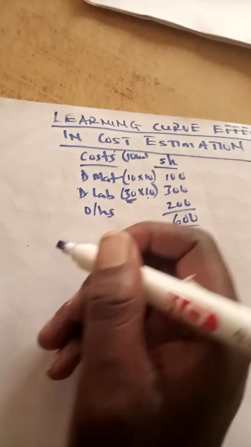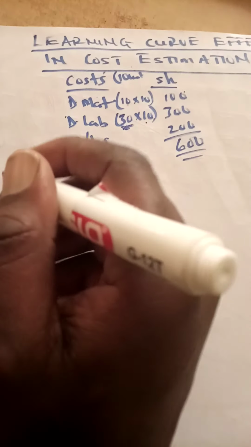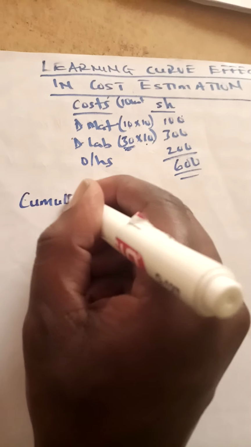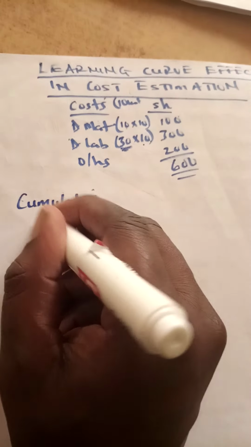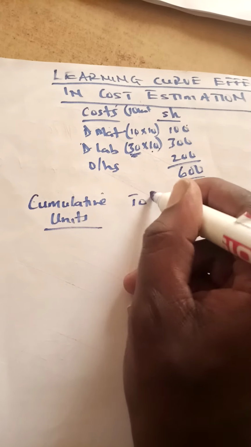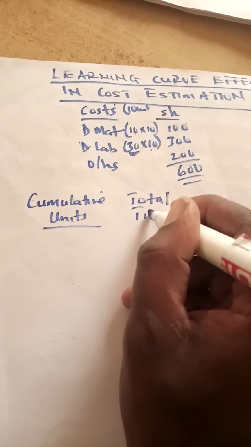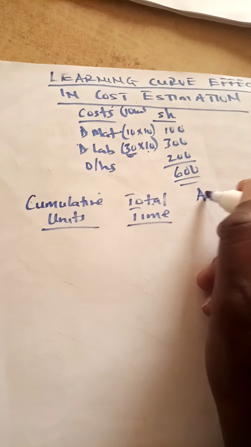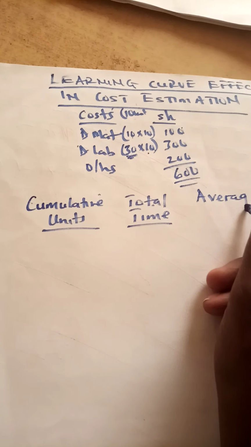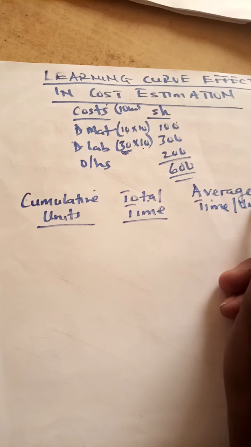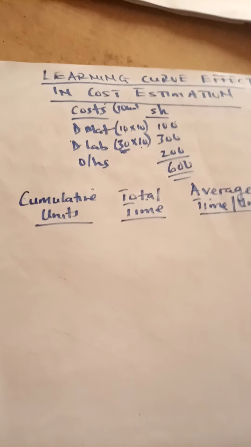The effect of the learning curve states that if you were to capture some cumulative units which you are giving your laborers to produce, and then observe the total time it takes them to make those cumulative units, you might even be interested in knowing, as they are making more and more, what is the average time per unit as they proceed with the production.